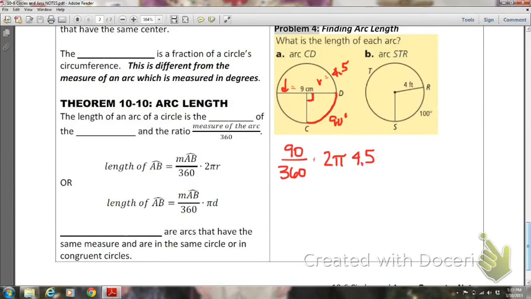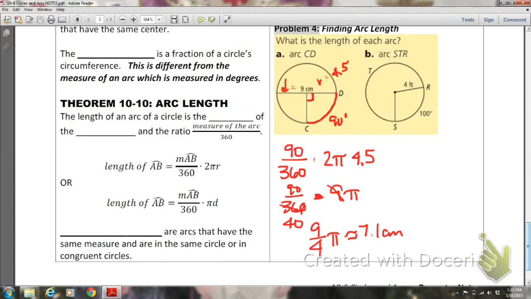So multiply that together and 90 over 360 times 9 pi. And then do some canceling here. 9 will go into 360 40 times. And 90 over 40 will reduce down to 9/4 pi, which is approximately equal to 7.1 centimeters.